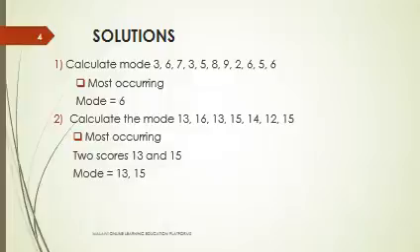We just write all the scores which have appeared most frequently in our set of scores. So if we have 3 numbers which are appearing most frequently, we just write 3 numbers, not finding the mean or the average.